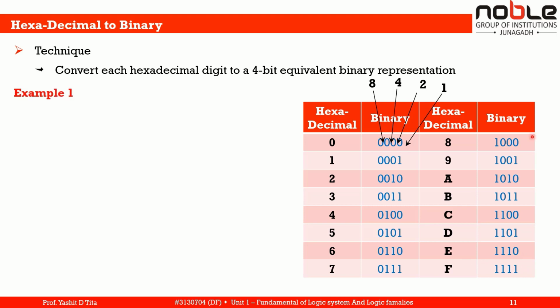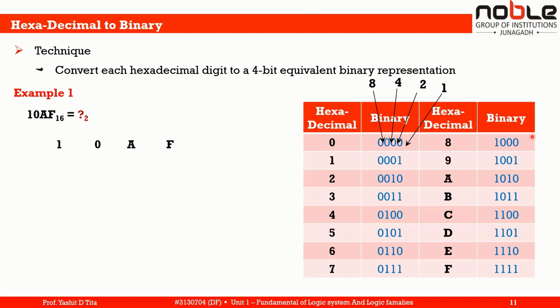To understand this concept, let's take one example. The hexadecimal number 10AF, what is its binary number? Look into the table and convert this hexadecimal number into a binary number, starting from the right.